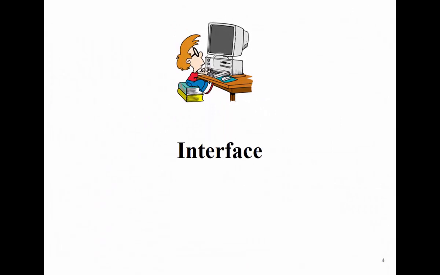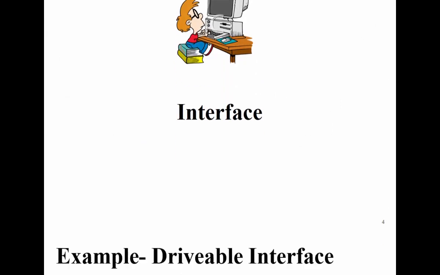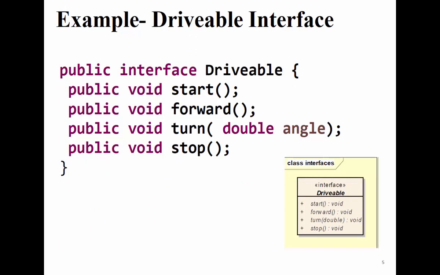Last time we discussed interfaces. An interface is like a class, but we define it as a public interface, not a public class. And the difference between the interface and a regular class is that you list all the headers of the methods inside the interface without the body, without the definitions of the methods.